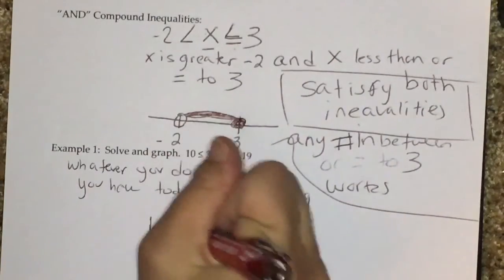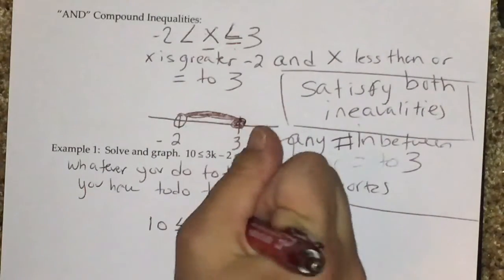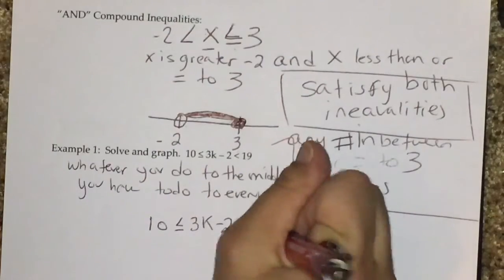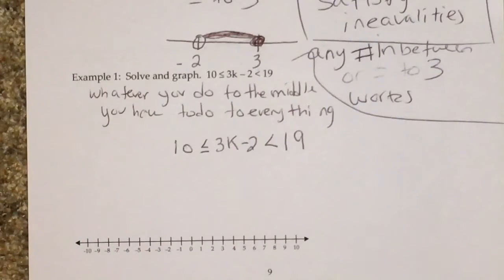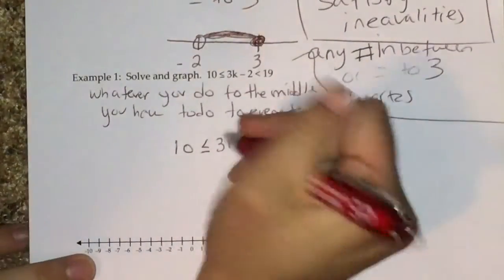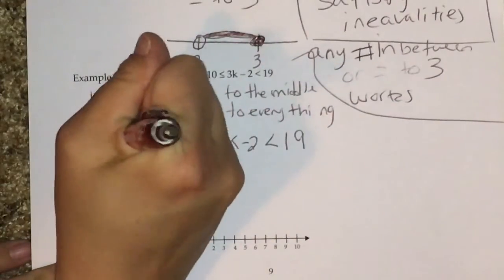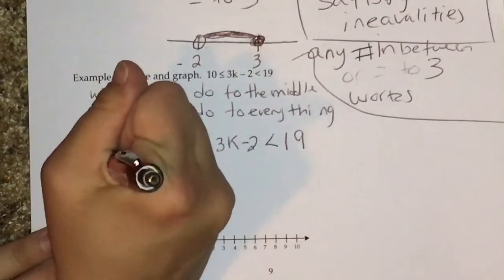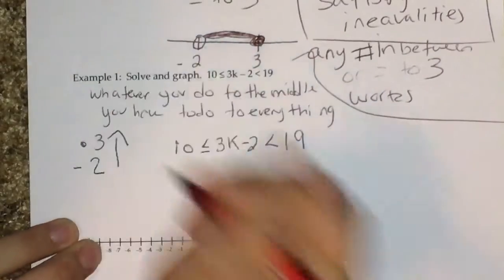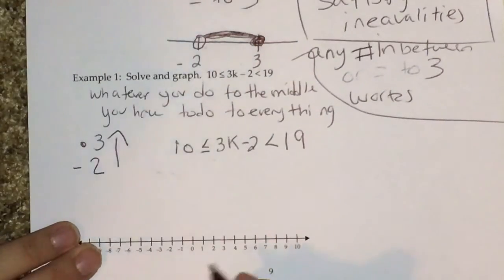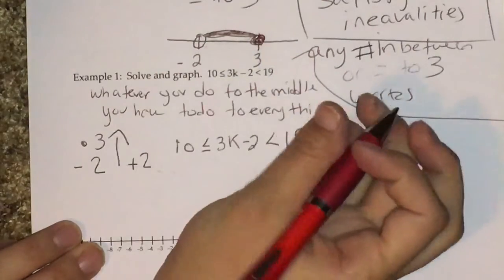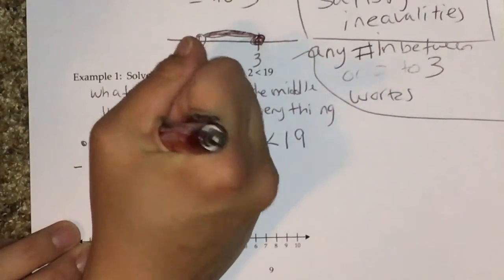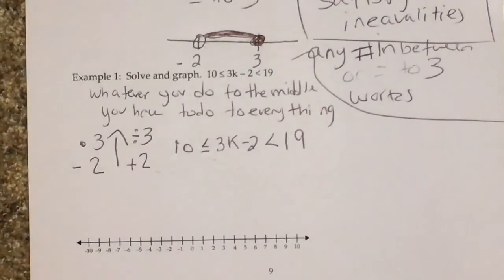So this problem says 10 is less than or equal to 3k minus 2 less than 19. So basically what you're going to be doing here is solving for the middle. So what's happening to k here? What's happening to k is it's being multiplied by 3 and then subtracted by 2. So we are going to do the reverse opposite. Instead of subtracting 2, we are going to add 2. Instead of multiplying by 3, we are going to divide by 3.